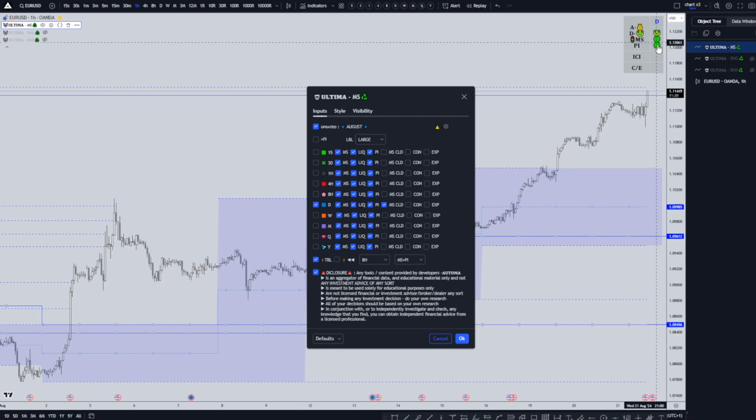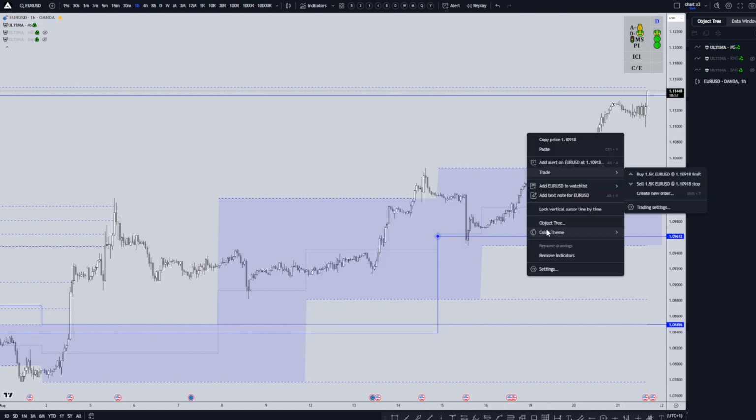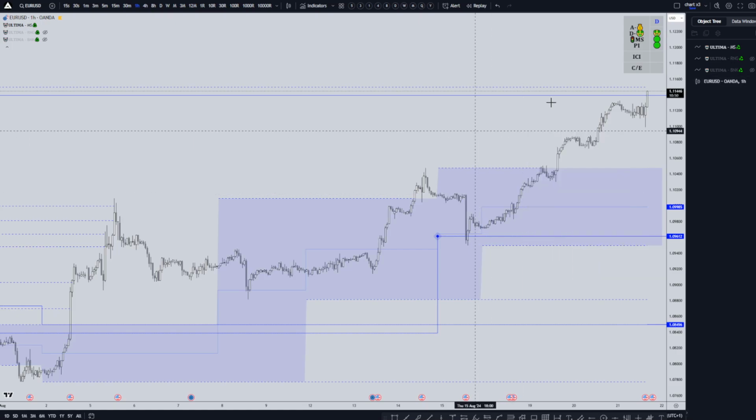For prime condition, you want to see either both green or both red, or red and yellow, or yellow and green. Power index will be either red or green, so either bearish or bullish. Market structure can be bullish, bearish, and in transition, basically yellow. When it's yellow, it basically means we have a failed breakout on market structure.